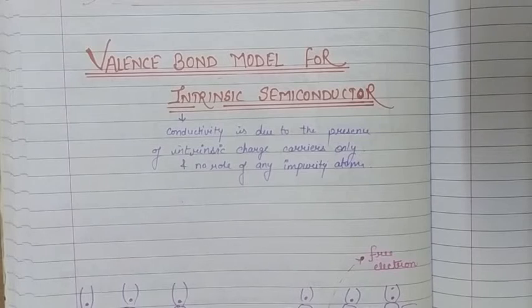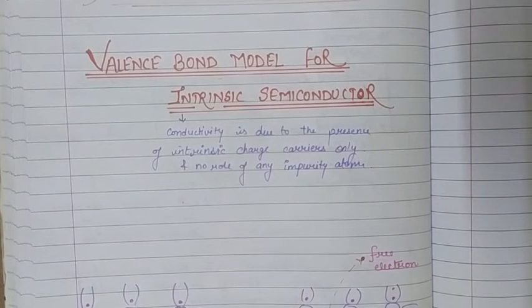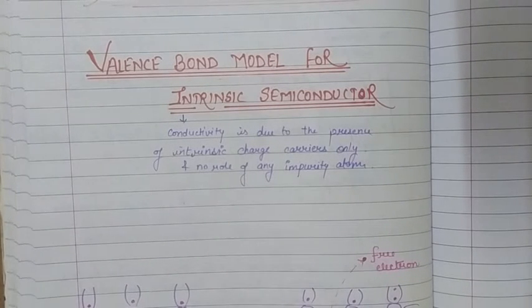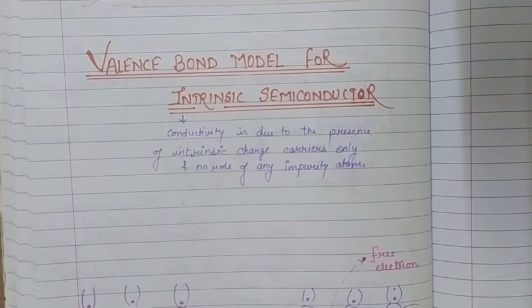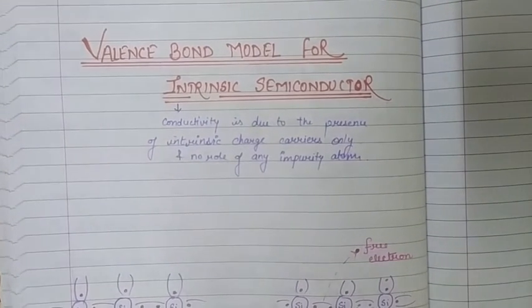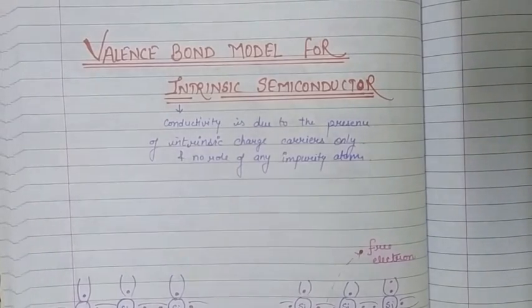Now if we consider the crystal of a semiconductor, let it be an elemental semiconductor, for example a germanium crystal or silicon crystal. In that kind of crystal, each atom has 4 valence electrons and it shares those electrons with the 4 nearest neighboring atoms to form 4 covalent bonds.